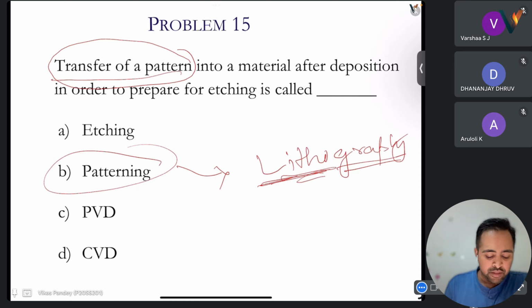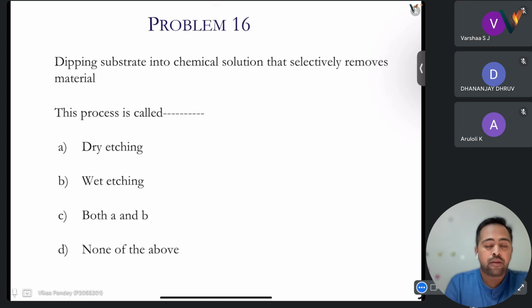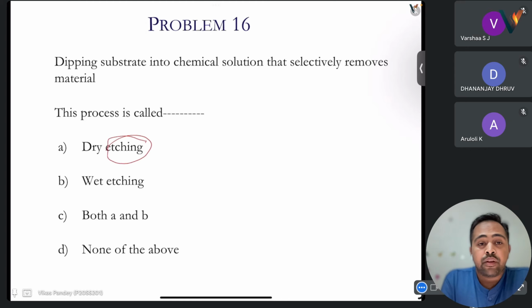So it is patterning. Okay, now: dipping substrate into chemical solution that selectively removes material. What is this called? We are removing material, so certainly it is etching. Okay, but what will it be called?